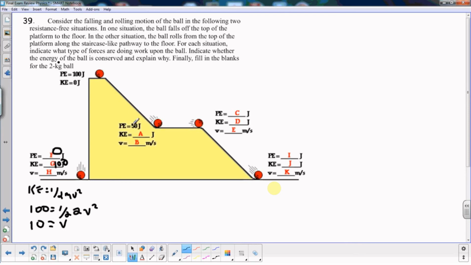And 1/2 mv squared equals 50 joules. Half of 2 is 1. So V squared equals 50. So V is going to be about 7.